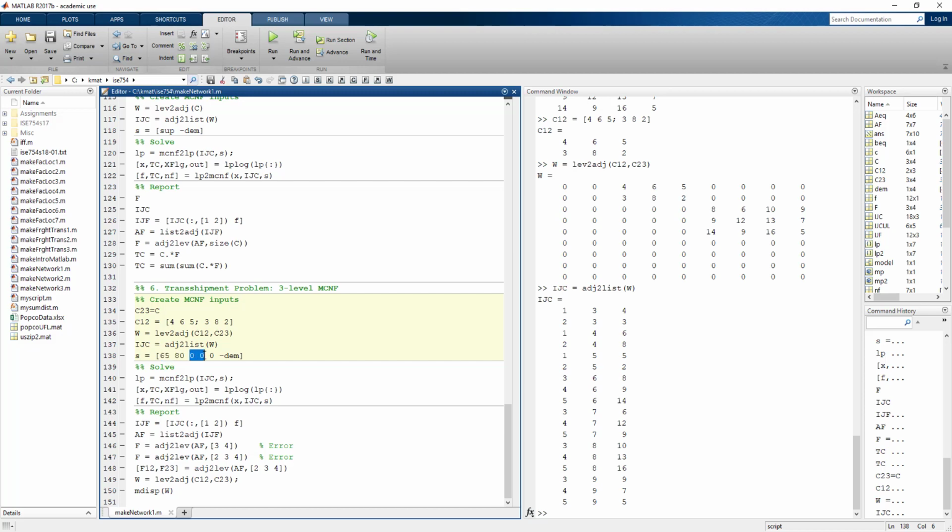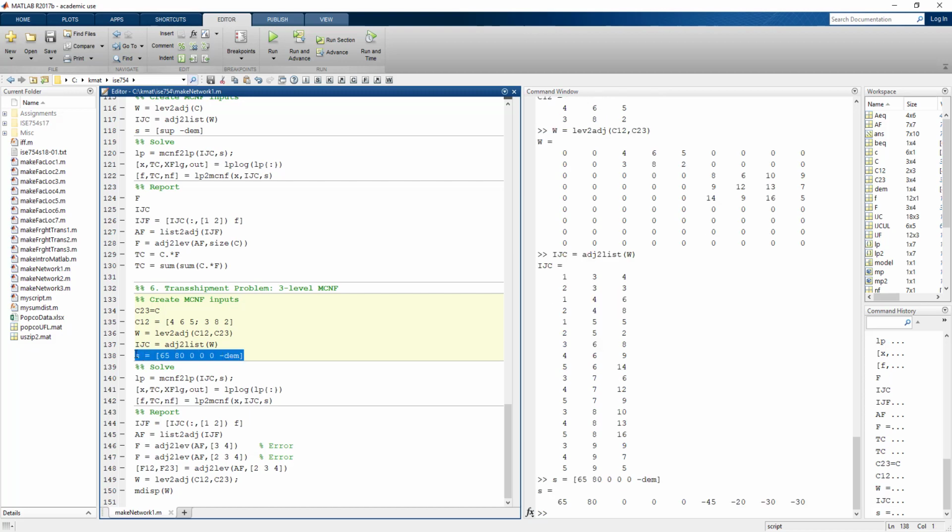And then for the 3 original supply nodes, we're going to make those transshipment nodes. And this is the second or middle level in this 3-level problem. And these have a net flow of 0, so they're transshipment nodes. And then we have the original demands, which are negative net node supplies.